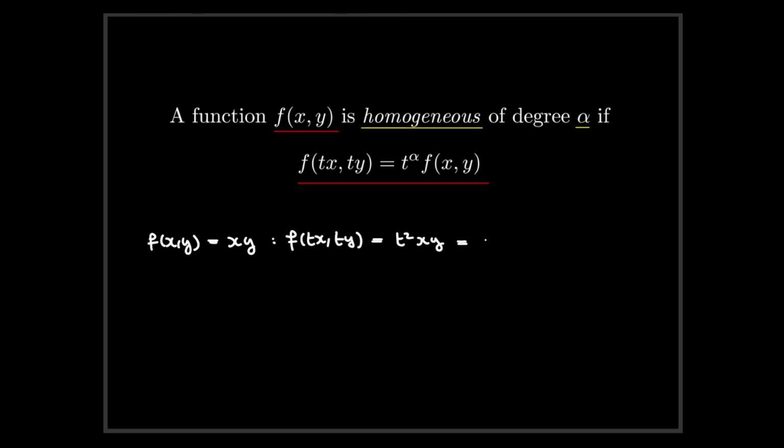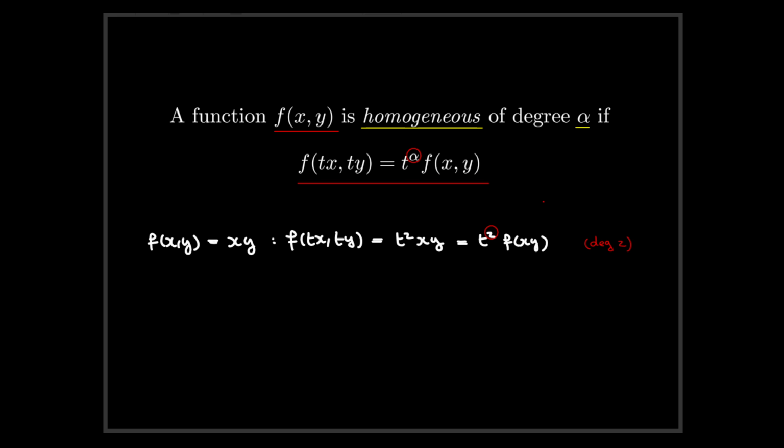And that's equal to t squared f of xy. So you can see that this function f is homogeneous of degree 2, because the alpha is, in this case, just 2.